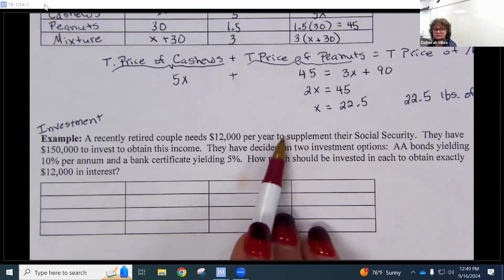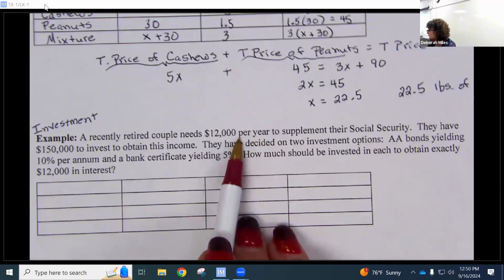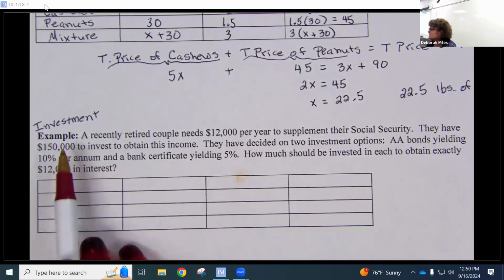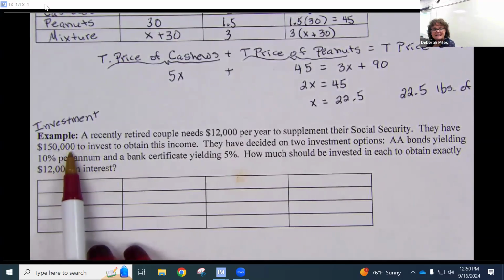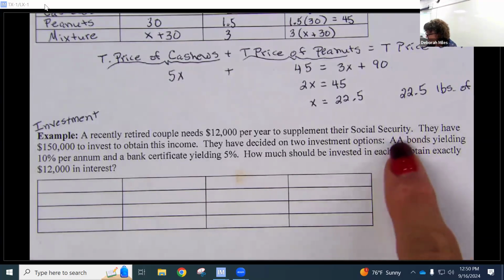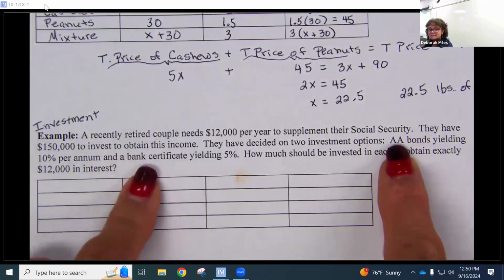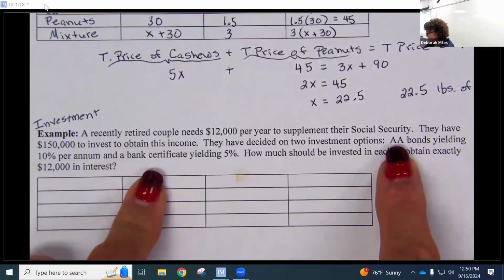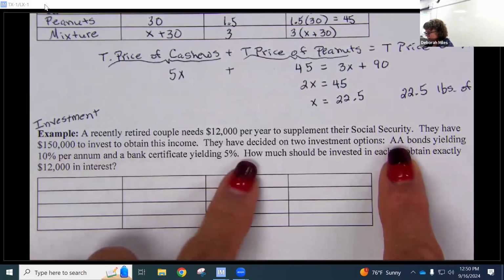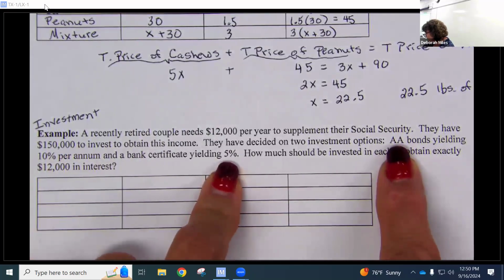They need another $12,000 and they're trying to figure out how to get it. Well, they have $150,000 in savings. They're going to take that amount and split it into investing in AA bonds and CDs, bank certificates. The AA bonds pay 10% interest per year, and the CDs pay 5% per year.